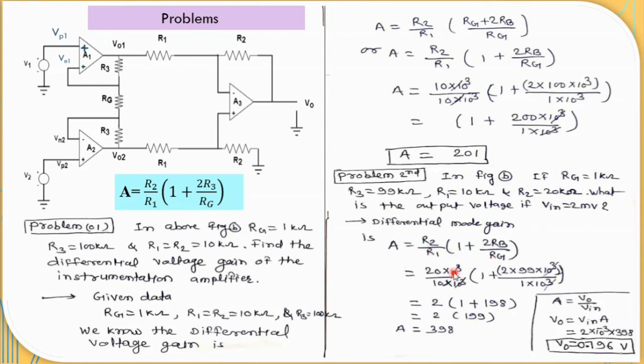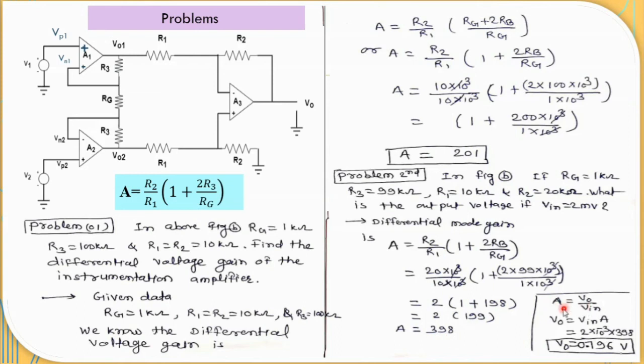R2 is 20 kilo ohm and R1 is 10 kilo ohm, and the kilo cancels. Similarly, R3 is 99 kilo ohm and RG is 1 kilo ohm, and the kilo cancels. So 99 multiplied by 2 is 198 plus 1, and 20 divided by 10 is 2. So 2 inside the bracket 1 plus 198, that is 2 times 199. So A is equal to 398.